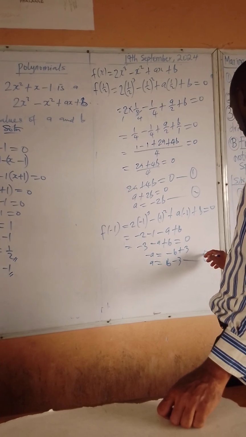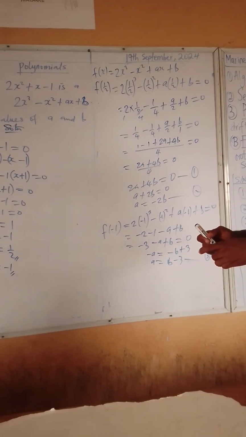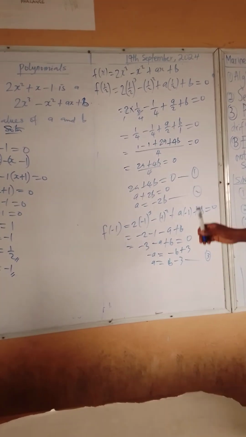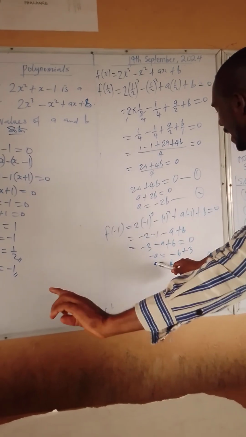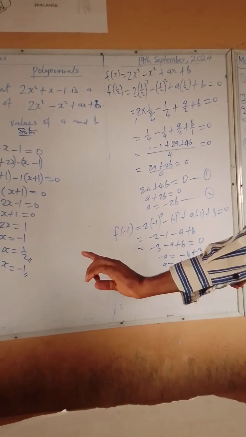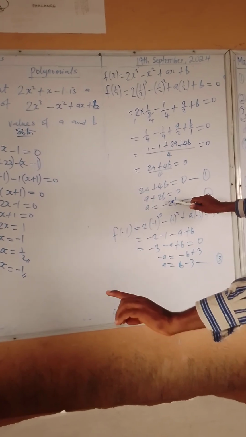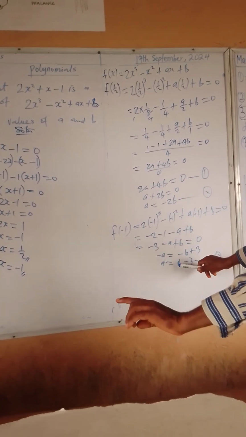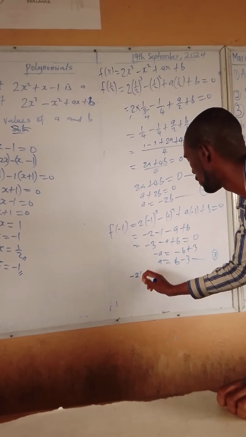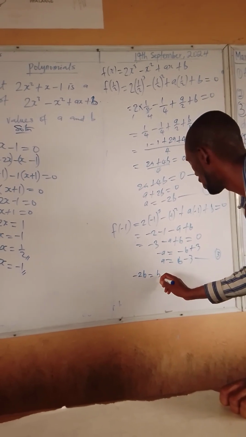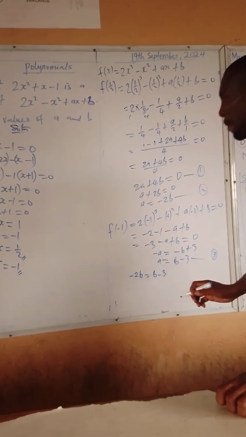This is equation 3. So we put 3 and 2 together. Now watch. Since the left hand sides are equal, there is A, here is A. That means the right hand side will be equal. So we're going to equate minus 2B will be equal to B minus 3.